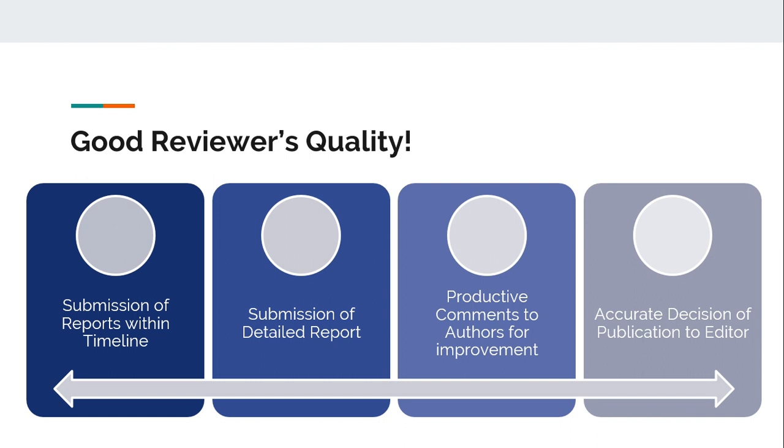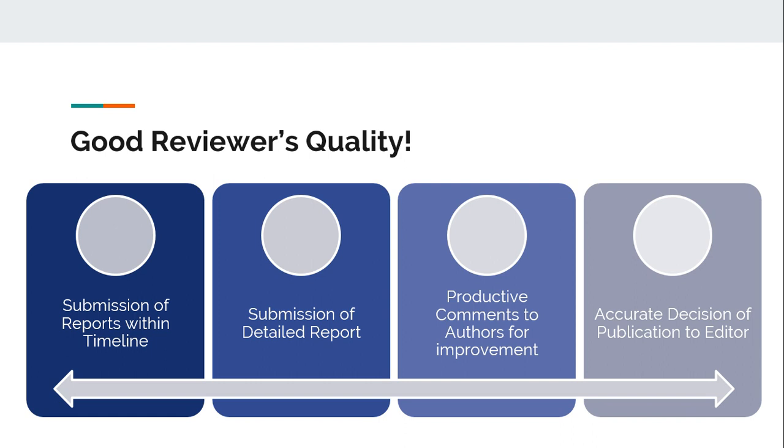This means reviewers should submit the report in such a way that it gives a clear signal to the editor that this paper should be published or rejected, or accepted with revision, or accepted with no revisions. So an accurate decision is expected from the reviewers. These are the main four qualities of a good reviewer.